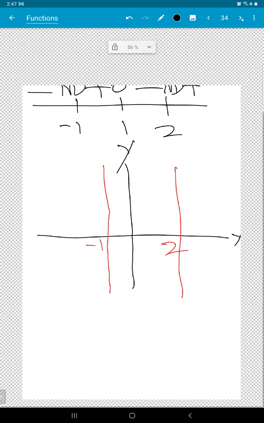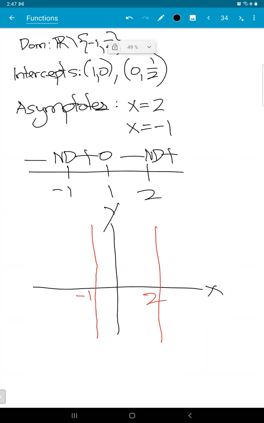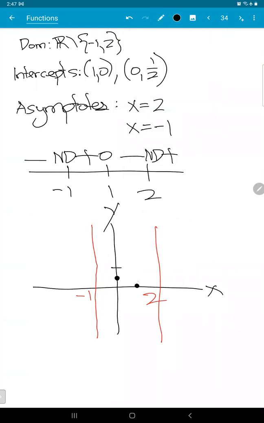And let's consider the sign chart now. Let me plot the points available, (1, 0) and (0, 1/2). And then, what else? Okay, asymptotes drawn.